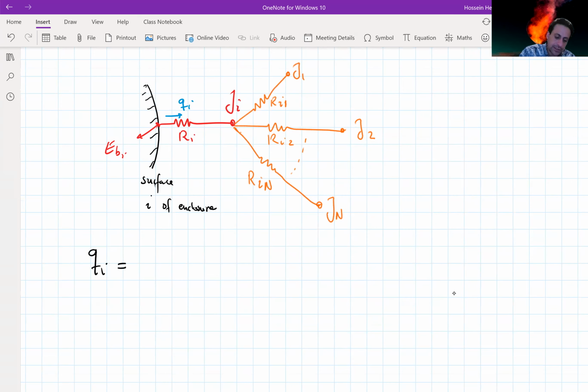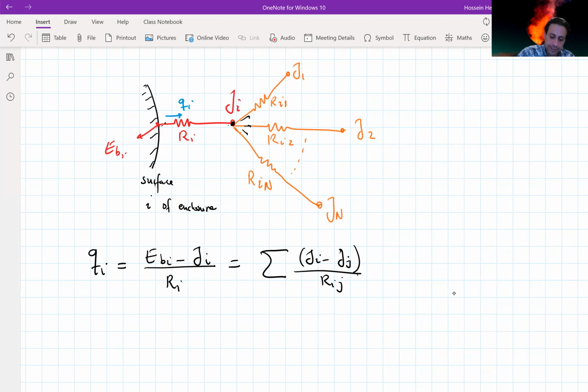So Qi, if I just look at the first two, is going to be EBI minus Ji divided by Ri. Now at this point, this Qi is just getting divided among all of them. So it's going to be the summation of Ji minus Jj divided by Rij, where j is changing from 1 to n.